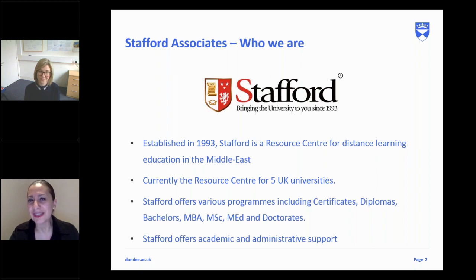Now, our function here is to assist students throughout their application process. We do advise which programs to choose that would obviously suit your personal and professional needs. And we do offer a variety of programs ranging from certificates right through until MBAs, MECs and doctorates. So we really do have all the types of programs that you are looking for.